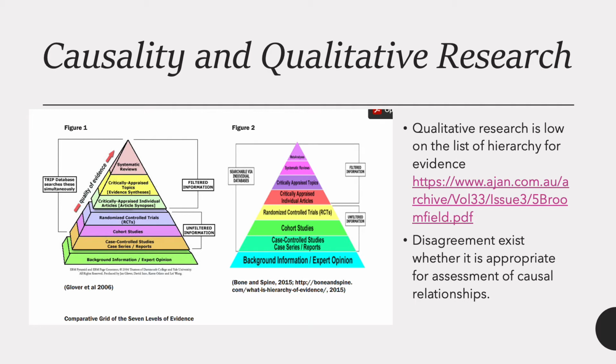What is clear is that the information from qualitative studies is considered lower on this evidence level. But there is disagreement about whether it's appropriate for assessment of causal relationships. And you can read in your text that there is an extensive amount of disagreement on this.